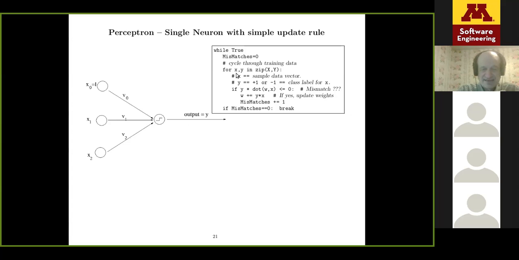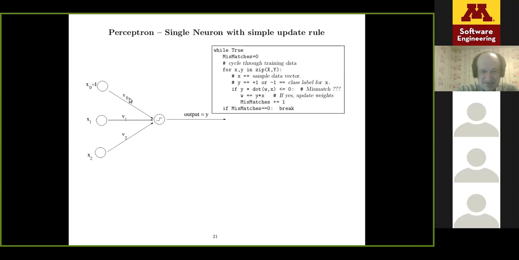For each x is the data sample, and y is the corresponding label. And y is either +1 or -1, and it's a class label for x. X is the sample data vector. You assume that this x0 is in there. You check if y times the inner product with the w here, I should have used v's.